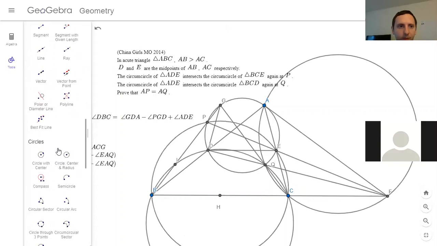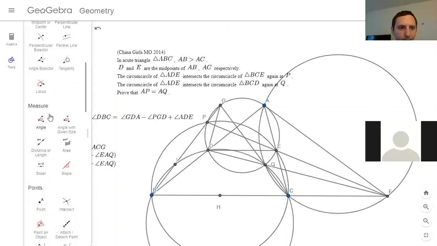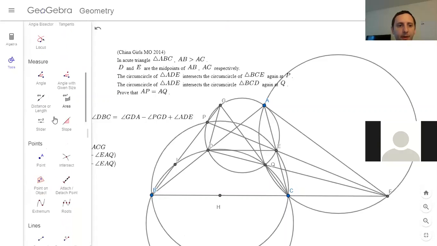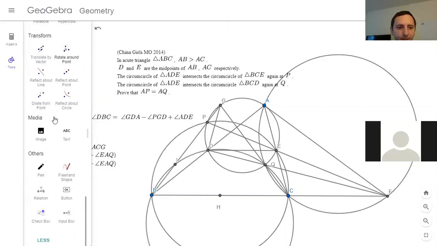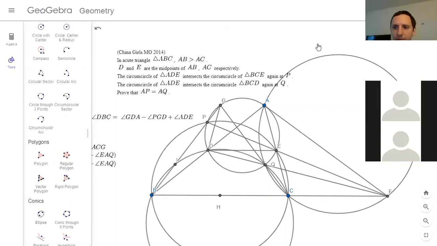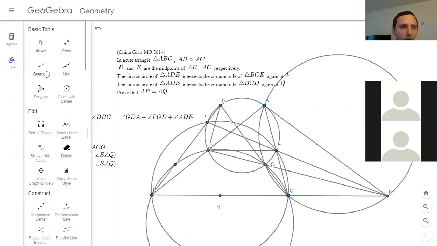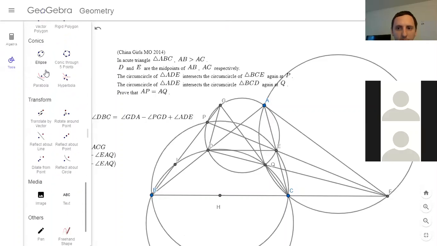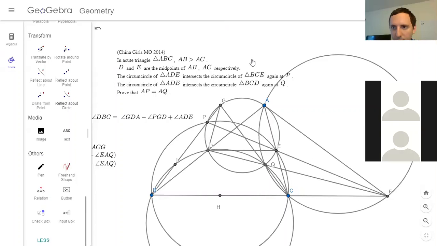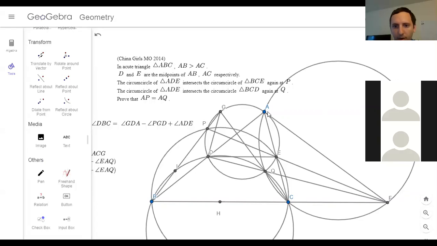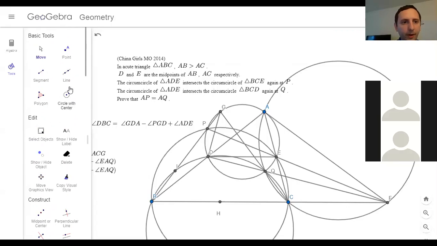Let me check. Feng said he had a solution using inversion. Feng, can you type that up in the chat? Okay, thanks. So I will use inversion. Inversion, AD times AC. So you're inverting about A, right?